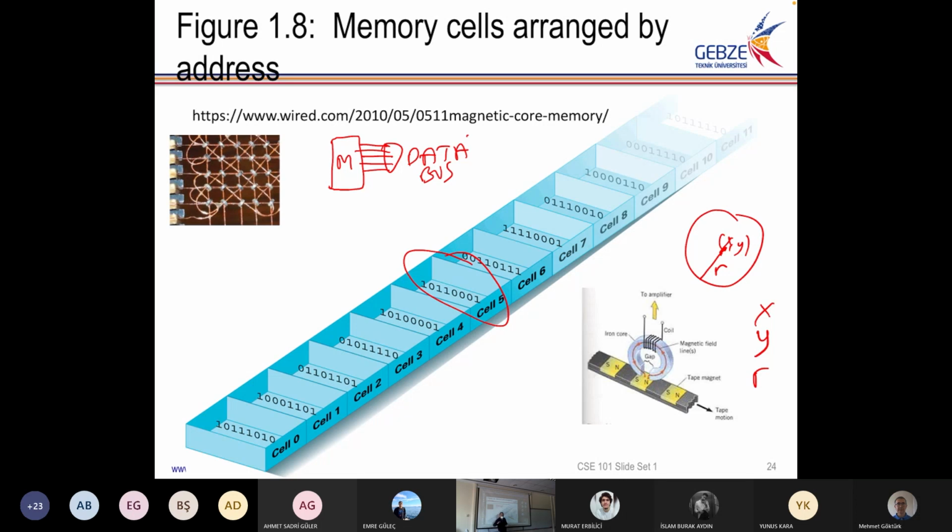It cannot take everything at once. So if there is information in the memory, it should be taken one by one and then processed. All the algorithms that you develop require serial processing of memory, one after another.